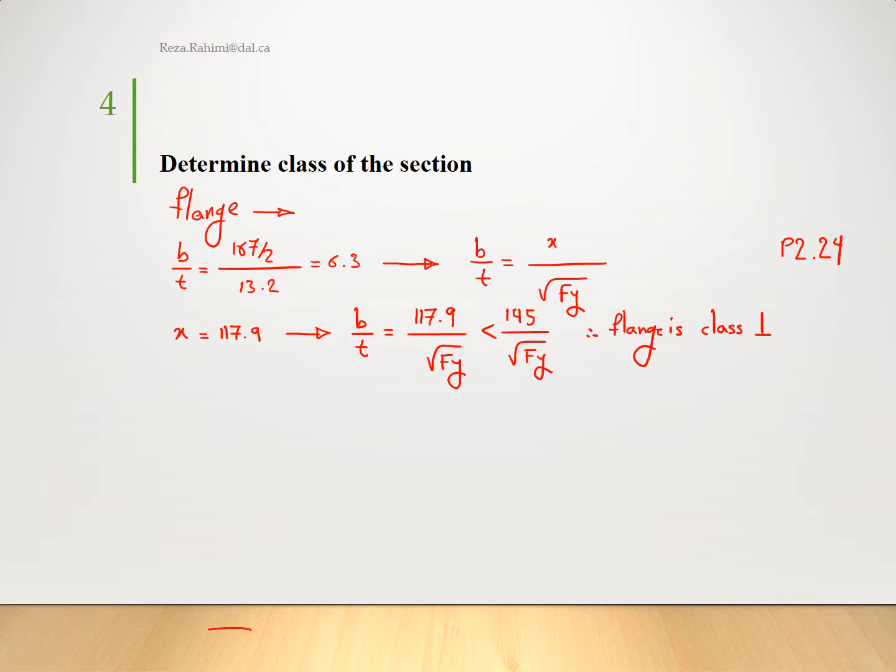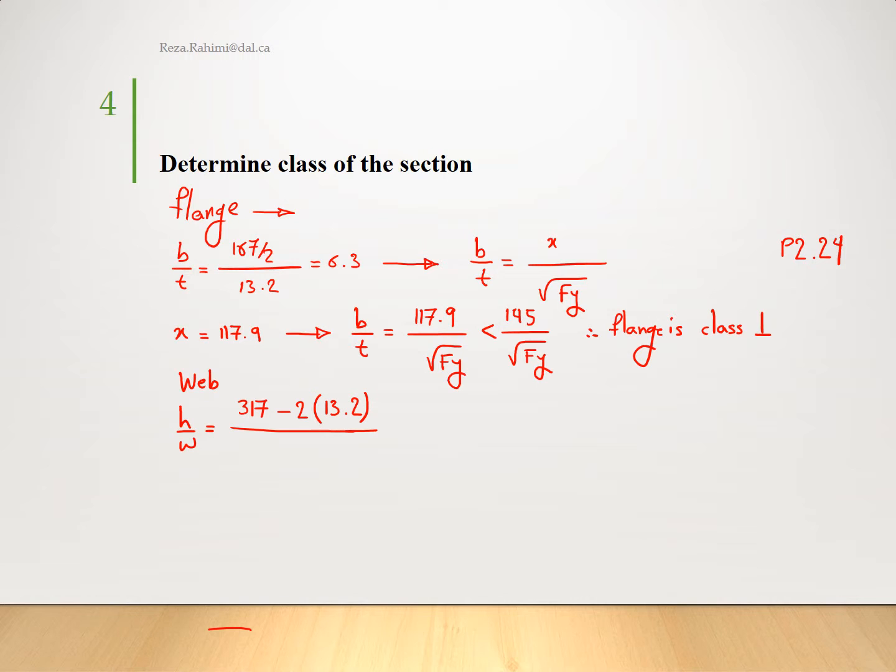Now we're going to the second component, which is the web. H over W, which is the thickness of the web. The way we calculate H, the height of the web, is D minus 2T, where T is the thickness of the flange.